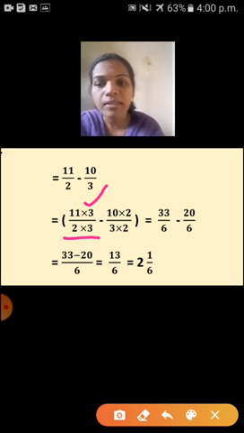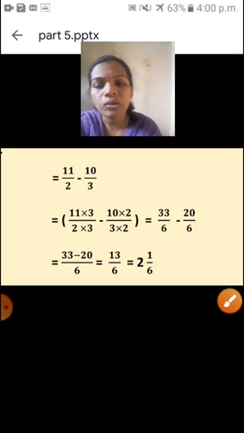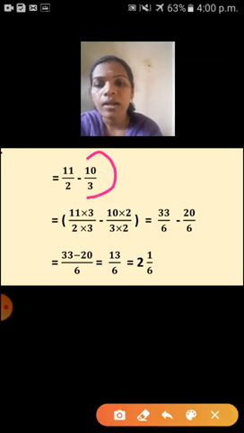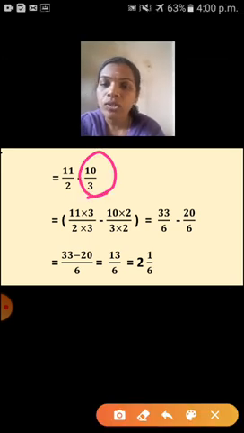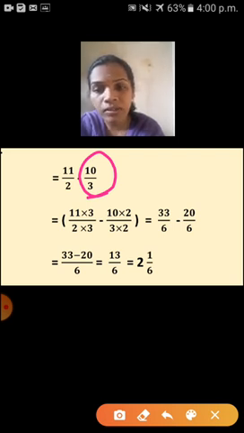Understood? Minus. Here also second fraction you have to see, 10 upon 3. So 3 into 2, that means 6. You have to convert this 3 into 6. How you have to convert? If you multiply this 3 with 2, you will get 6. Isn't it? So 10, that 10 also you have to multiply with 2.